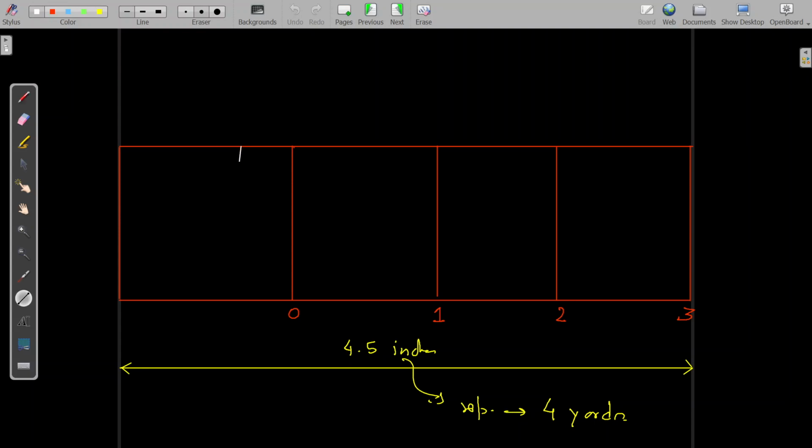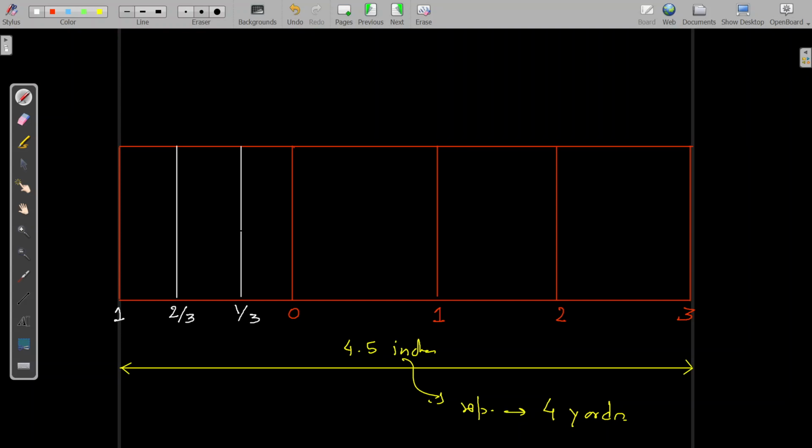So I am just dividing this into 3 parts. Okay, so each division will represent what? 1 foot. Now what I have to write here, I have divided this 1 yard into 3 parts. So 1 by 3, 2 by 3 and 1. Okay, so each smaller division is representing 1 foot.